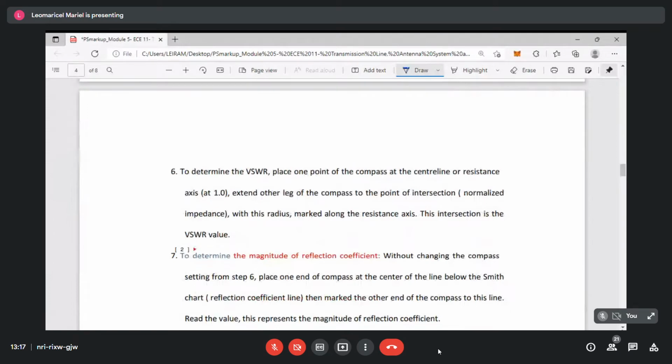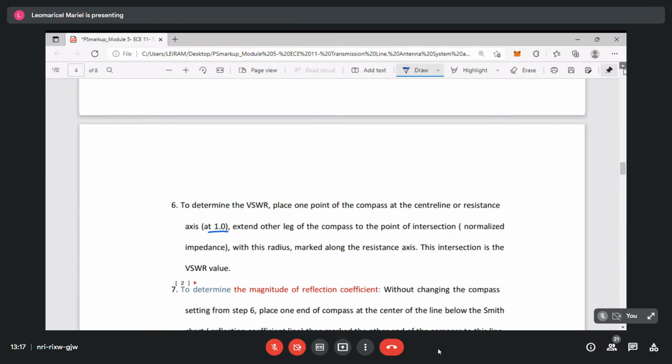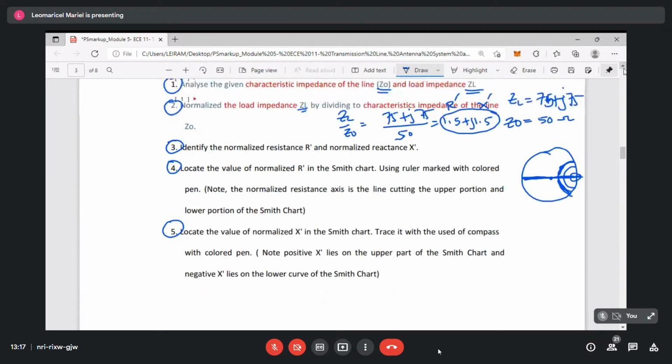Then, to determine the VSWR, place one point of the compass at the center line or the resistance axis 1.0. So, nasaan yun? Pagka nag-graph mo na siya, ilolocate mo yung compass mo sa center line, itong center na to. Ito tinatawag natin na resistance 1.0.